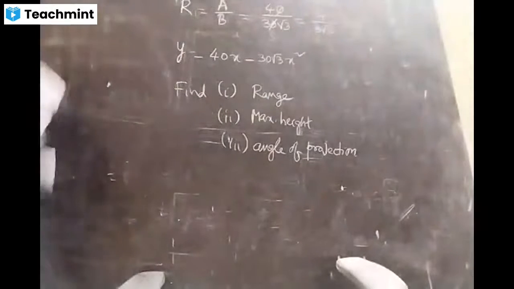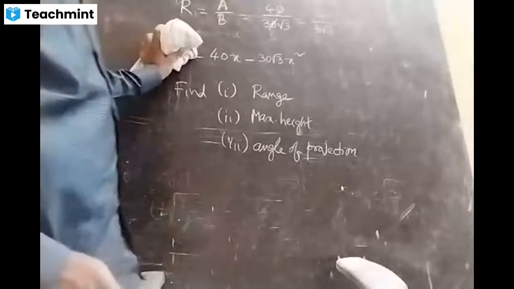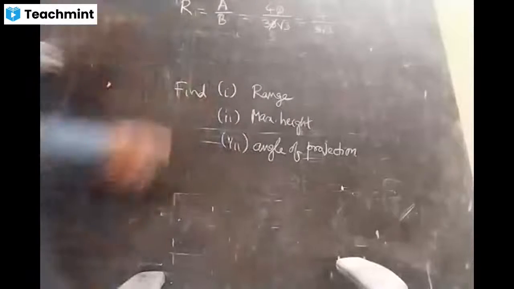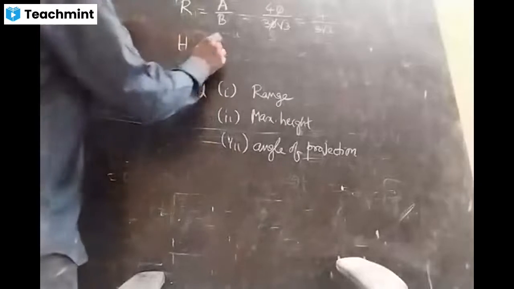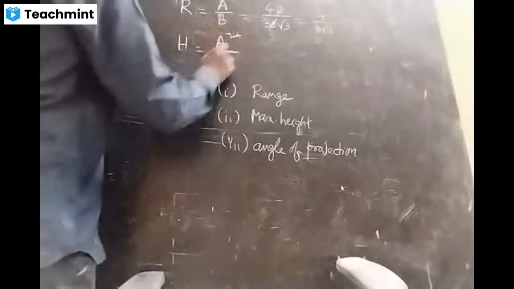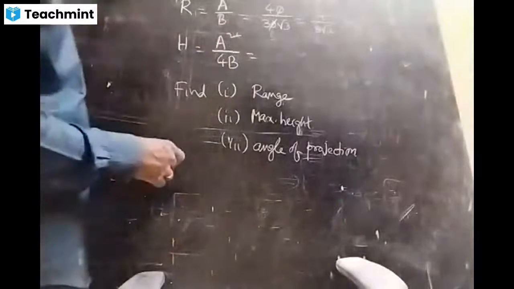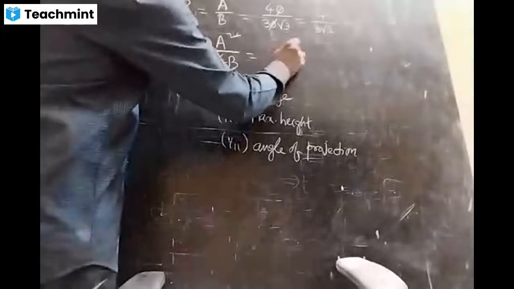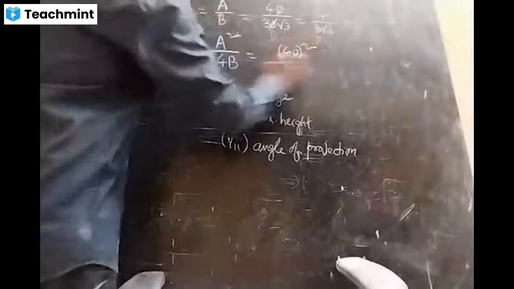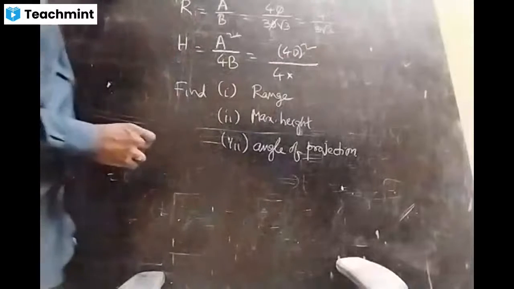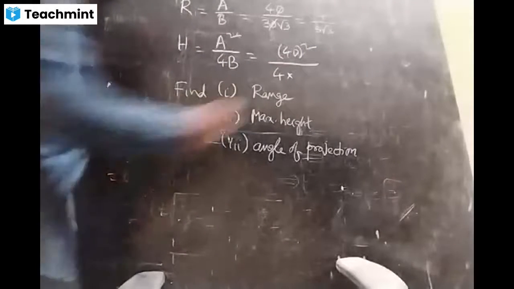Now the maximum height formula: 4a by 4b, that is a square by 4b. Max is equal to a square by 4b. Value of a is 40, 40 square is 1600. Value of b is 30 root 3.